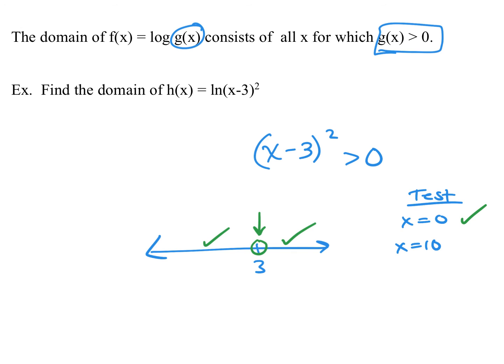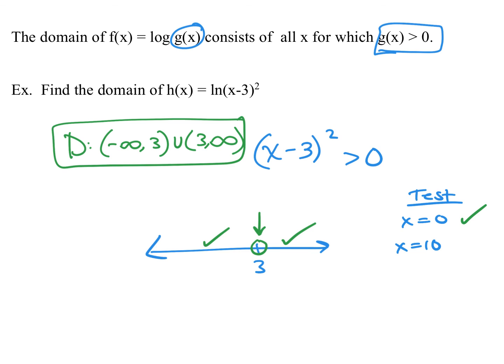So for my domain here, it's going to be negative infinity to 3 in union with 3 to infinity. So that wraps up our first set of notes on logarithms. Our next chapter will include a little bit more involving their properties.